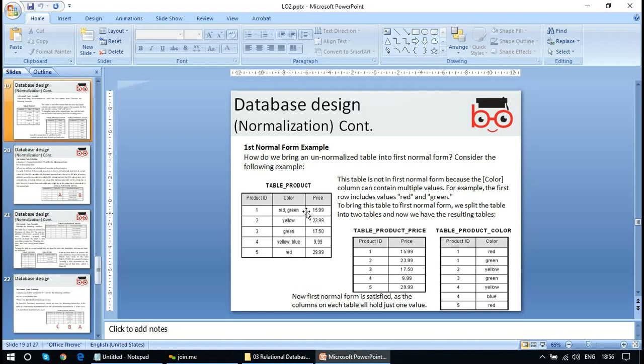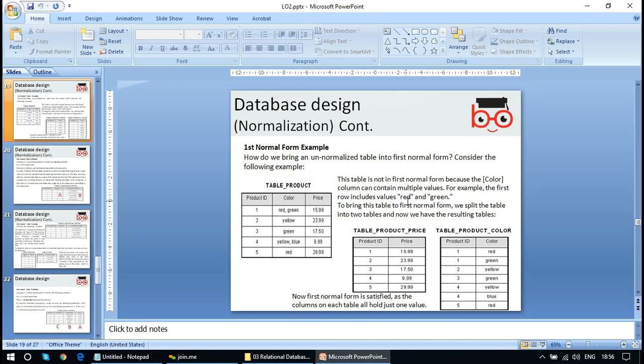One field could not hold more than one value. When you are using more than one value in a column, it means your database is not in first normal form. So you create an additional table and make it atomic. That is called the database in the first normal form.